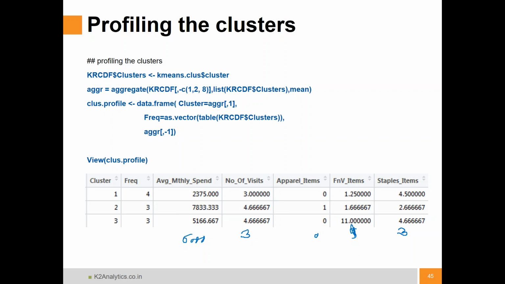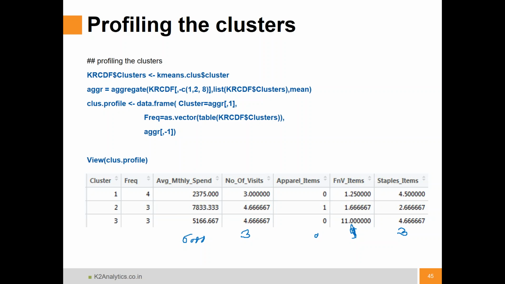FNV is only 1. Now where does that customer go? You will not be able to say that. Again, these numbers are all ranges. When we have done average, there is a range. There are some customers who would be very high on a particular dimension, very low also. All these things are ranges.